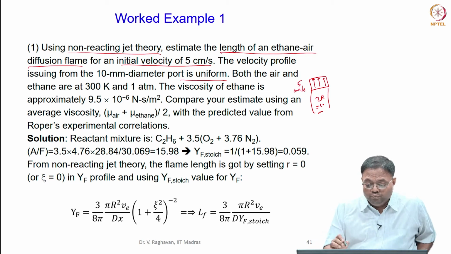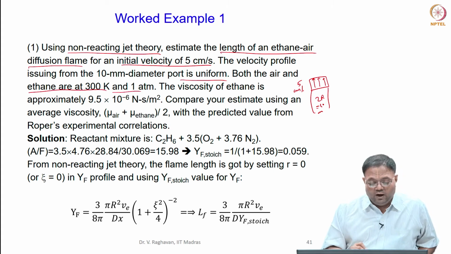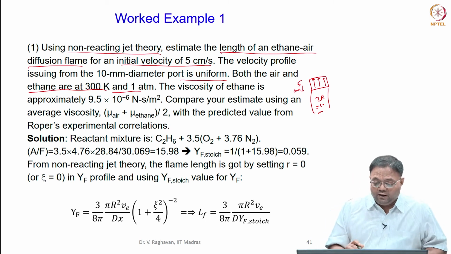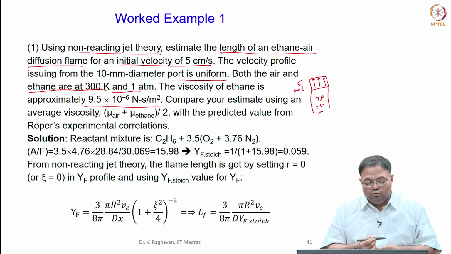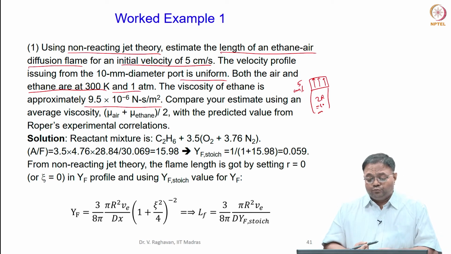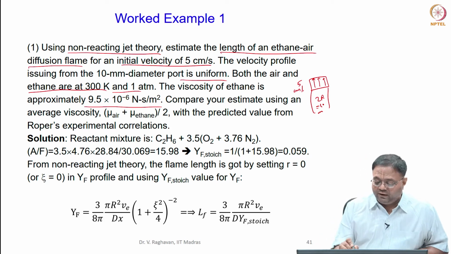Both the air and the ethane are at 300 Kelvin and 1 atmospheric pressure. So the reactants are at the same temperature, and the viscosity of ethane is given as 9.5 times 10 power minus 6 Newton second per meter square, the dynamic viscosity. Then you calculate the flame length with this data, and compare the result.